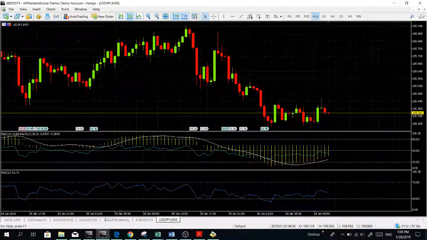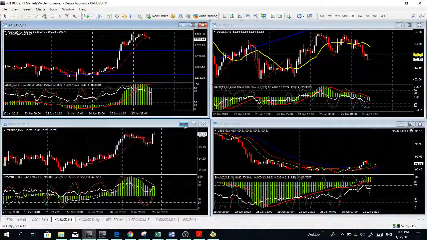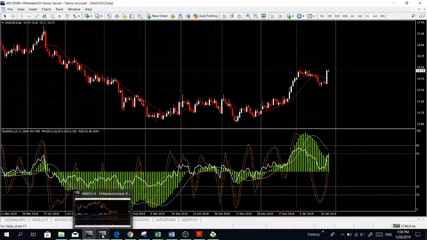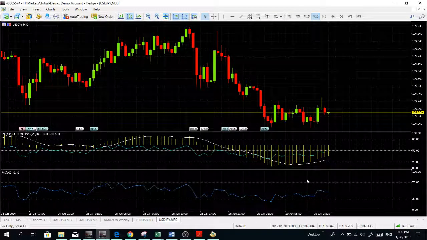For example, this is the chart of silver. That's the reason I have the RSI and the MACD together: I want to see whether they agree. It's a little hard to understand otherwise, so I can show you here.